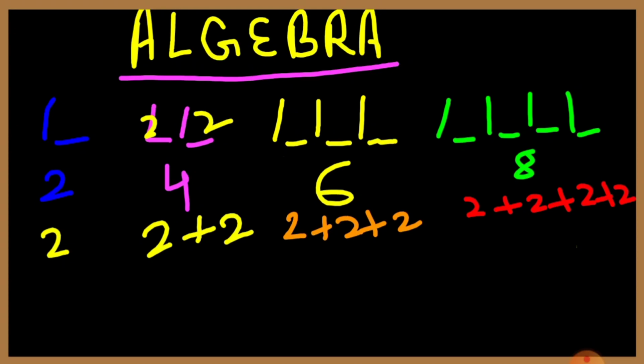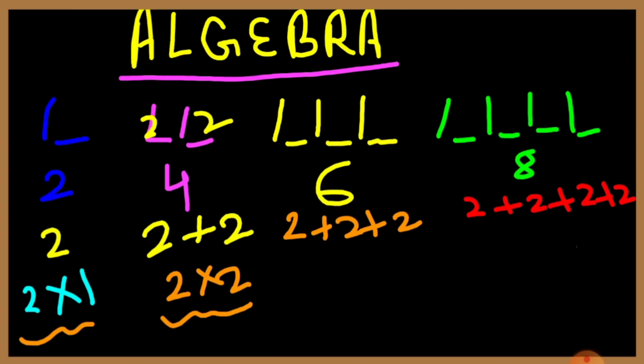This is 2 into 1. This is 2 into 2. I hope all of you remember the concept of repeated addition as multiplication, right? This will be written as 2 into 3, and this can be written as 2 into 4.